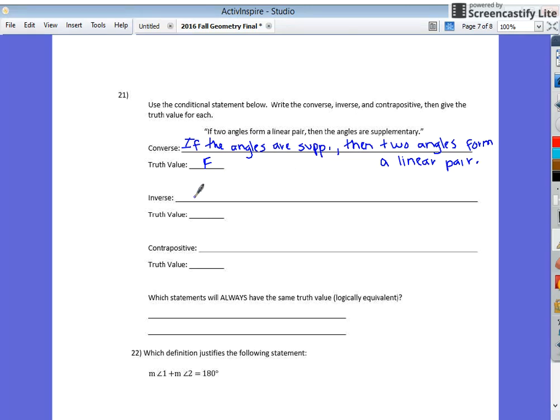The inverse of our statement, remember again, all we're going to do is make them both negative. So if two angles do not form a linear pair, then the angles are not supplementary.